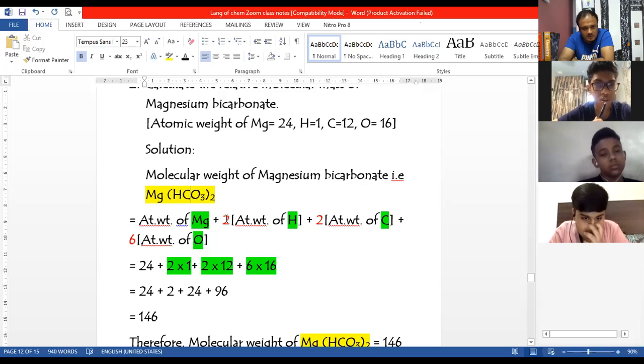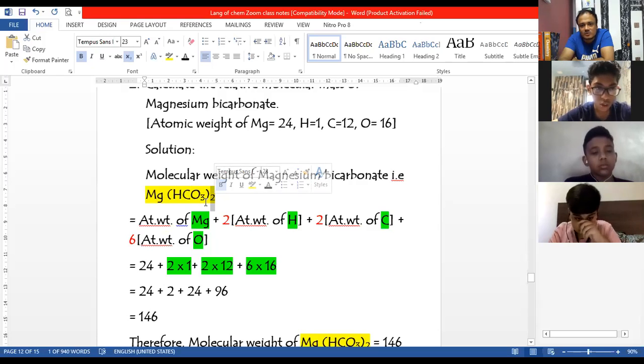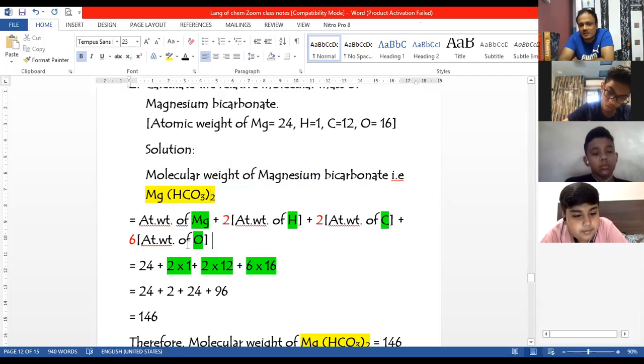That is what is done over here. So that is 2 into hydrogen, then 2 into carbon, and here it is 6 into oxygen. Why? Because inside we already have 3 and outside we have 2. So we multiply these two numbers and we get 6. That is why it is 6 into the atomic weight of oxygen. All the atomic weights are given in the question.